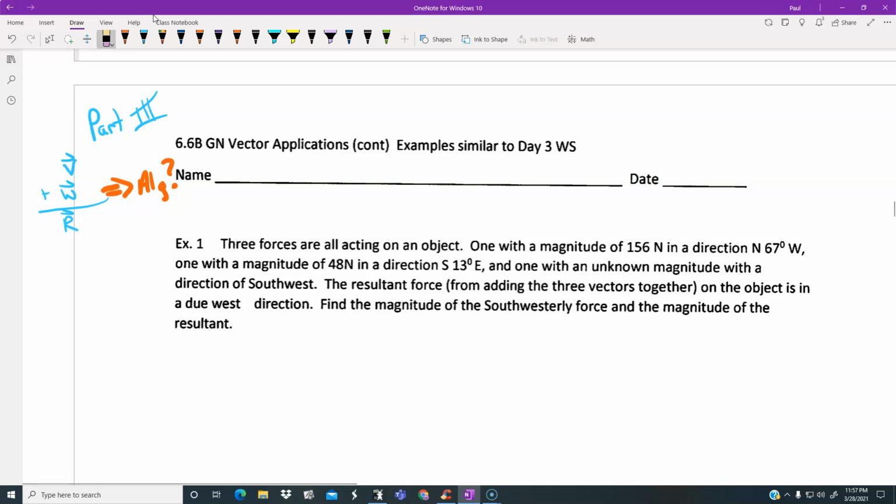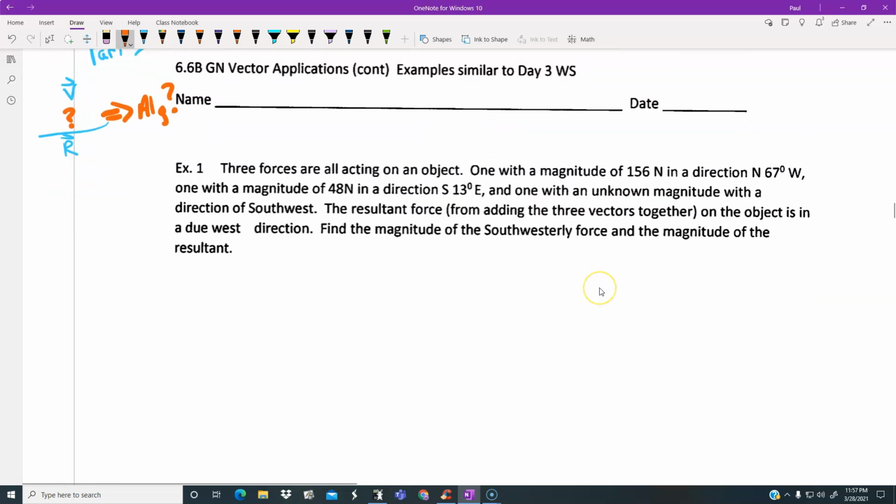But what if this one was gone and you had a big old question mark here in the center of your sum, and you had to come up with, hey, here's a vector and here's also its resultant, find the force that's in between the two that causes it to do this. Now it becomes a little bit more of an algebra problem. Not any harder, but definitely something that requires a little bit more thought.